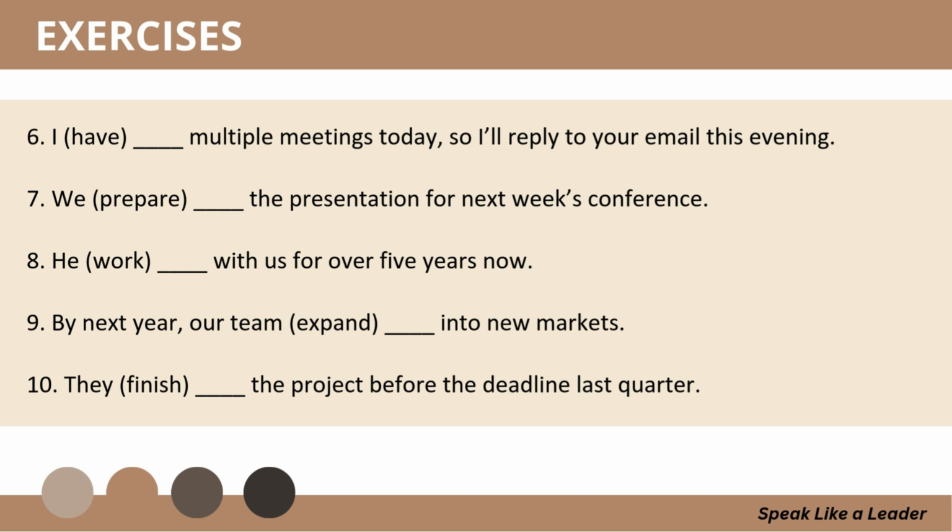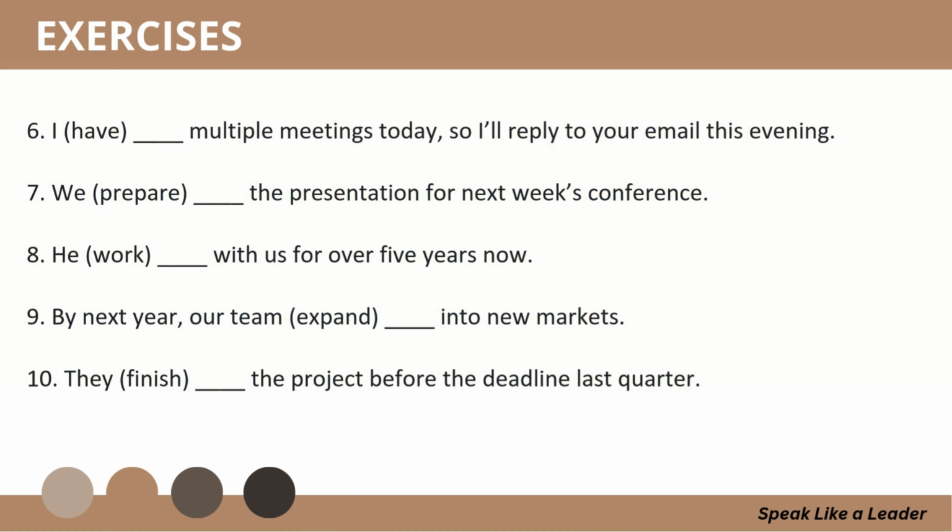So we're looking for a future tense here. By next year, our team will expand or will have expanded into new markets. Good. And number 10, they something the project before the deadline last quarter. They finished the project before the deadline last quarter. We want the past simple tense used for actions completed in the past.